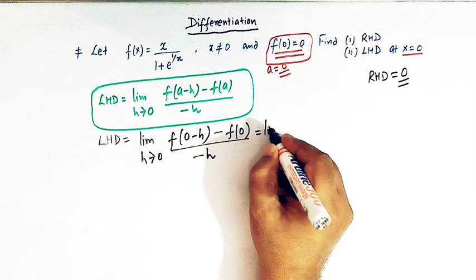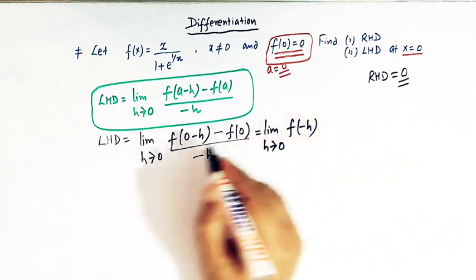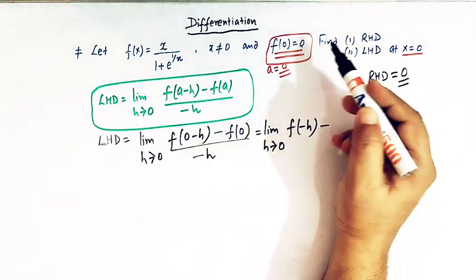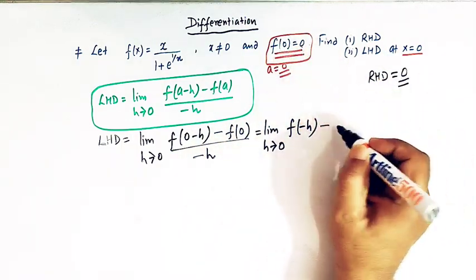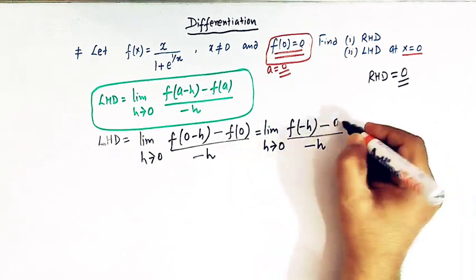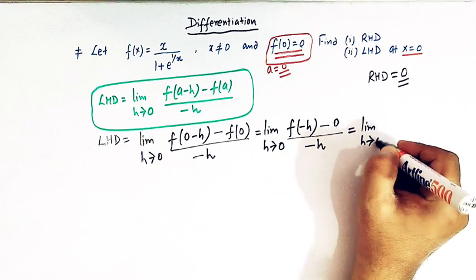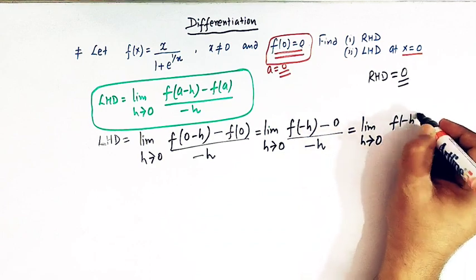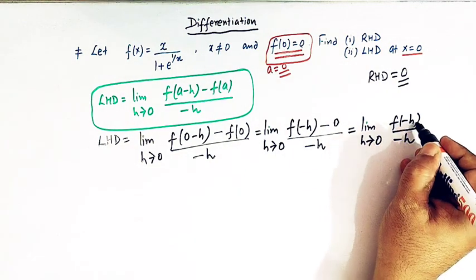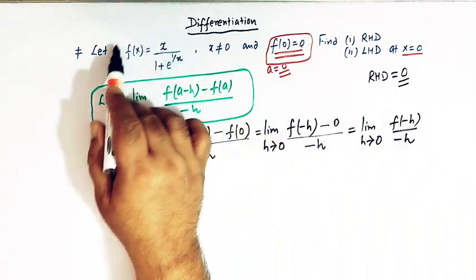So this is limit h tends to 0, f of minus h, since 0 minus h is minus h, and f of 0 we are already given as 0. So we have limit h tends to 0, f of minus h divided by minus h, right? Now f of minus h can be obtained by replacing x by minus h in this function.